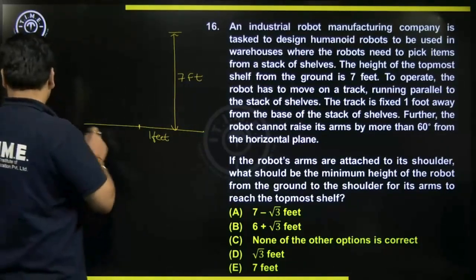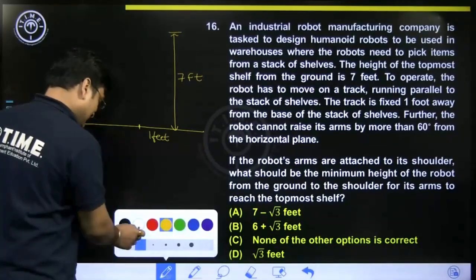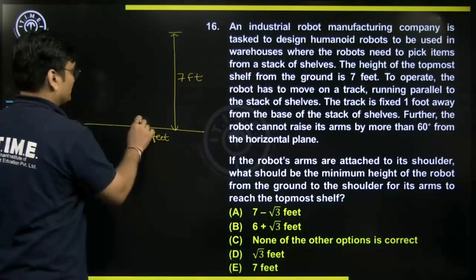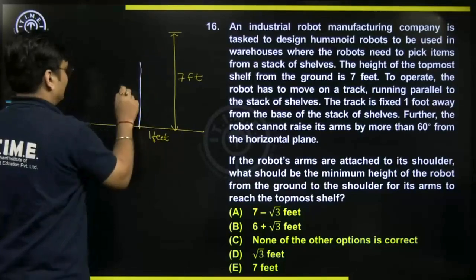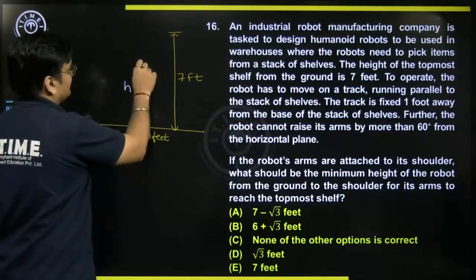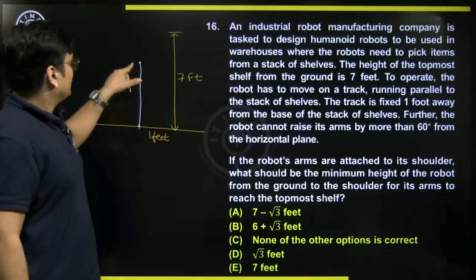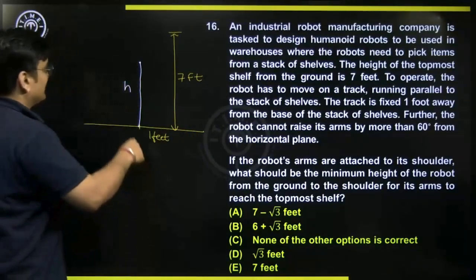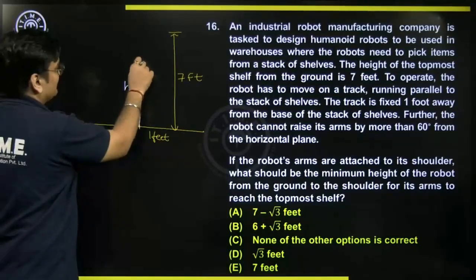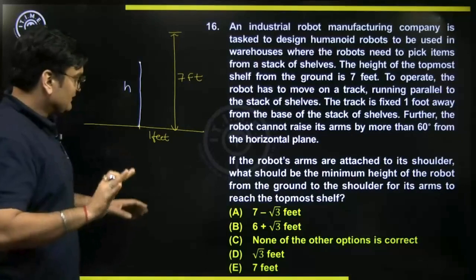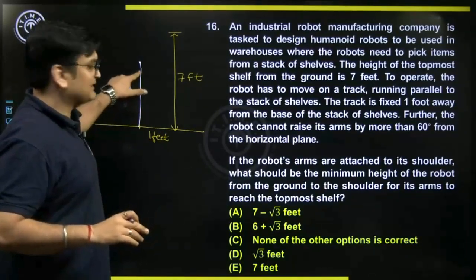So for example, suppose the robot is standing like this. This is the robot, some height h. So here there are arms. Of course, this would not be the height of the robot entirely. So let's read it further, because arms would be somewhere around the shoulder.